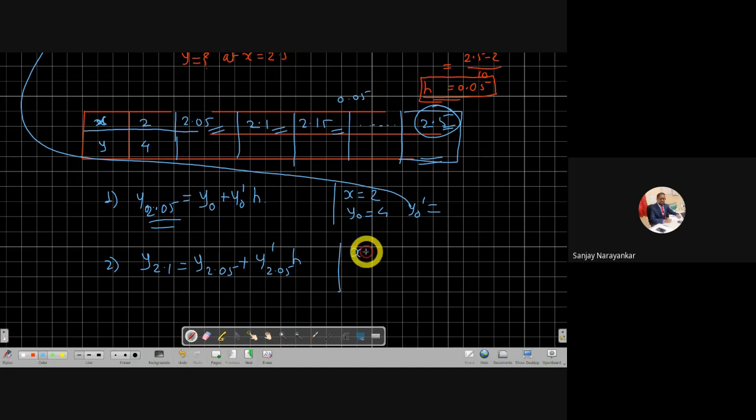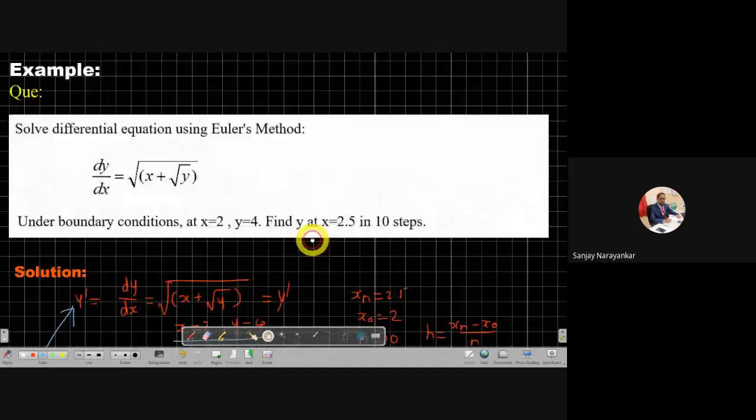You have x is equal to 2.05, y at 2.05 you will get from here. And then y dash. 3, 4, 5, up to 10 iterations you have to do. Any question? Is Euler's method easy?